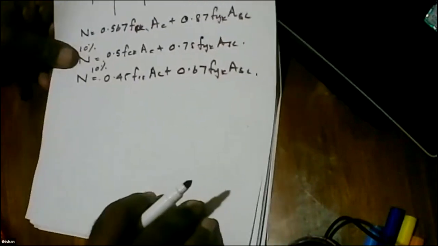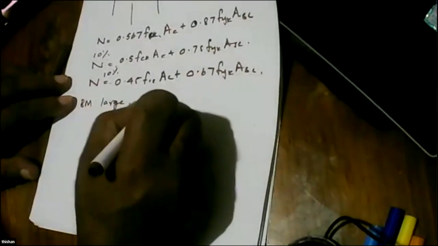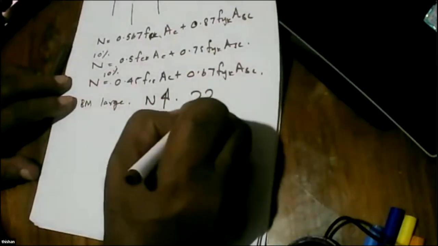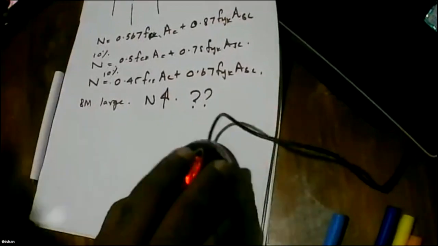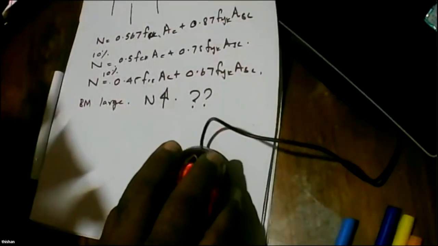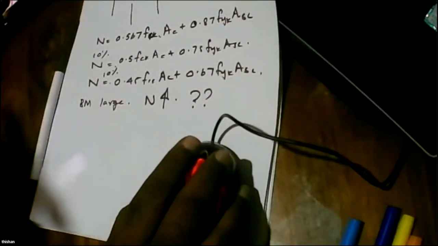But this is good when the column is subject to small moments, but if the bending moment is large and the axial force is large, what to do? So I'll explain what you are going to do, because I think the last time I did not show you this interaction chart.